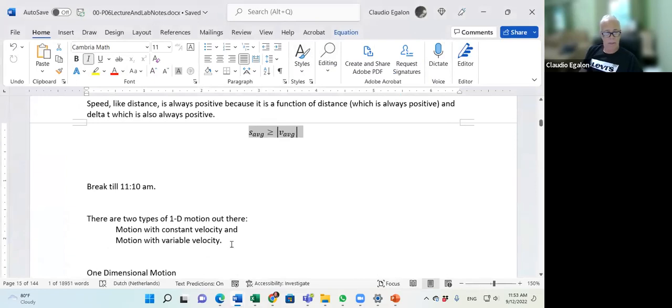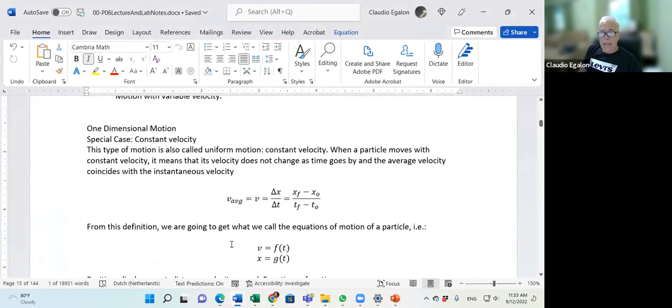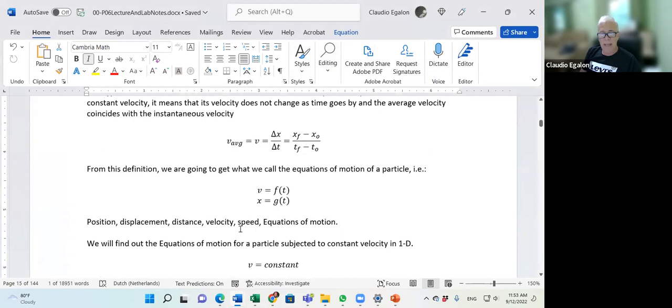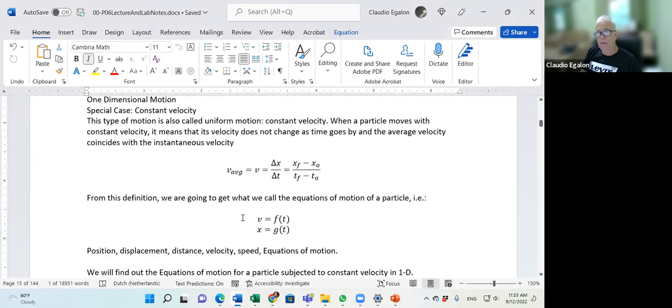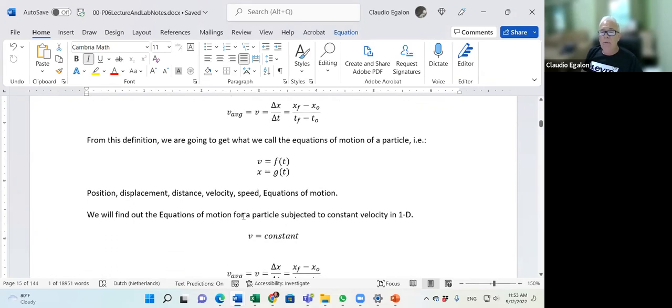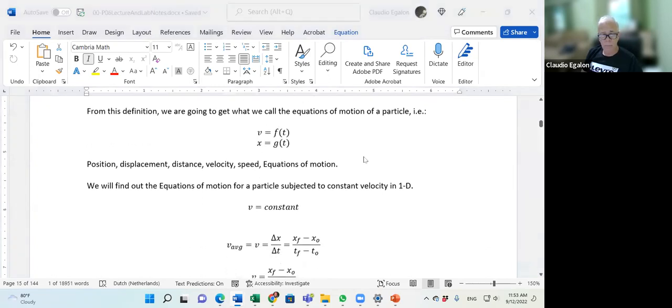Now, that's what we're going to do next. Based on those definitions of average velocity and instantaneous velocity, we are now going to study some important types of motion. Again, it's still one-dimensional motion.